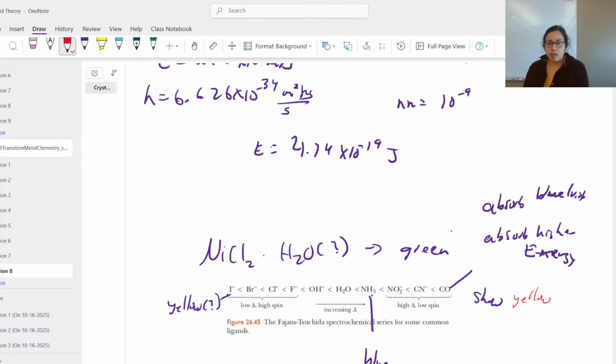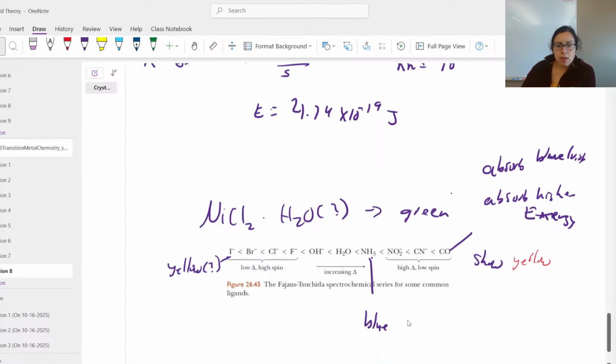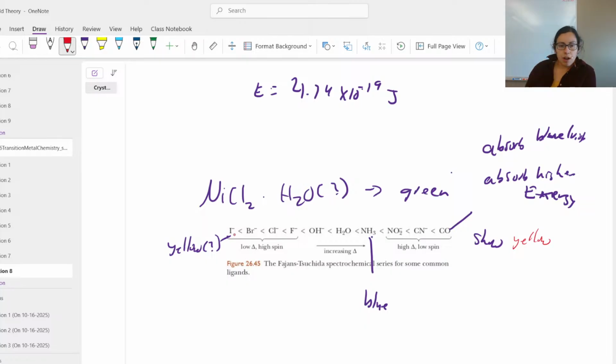But that's just a general trend, and then we would expect our low energy to be kind of violet as it absorbs the low energy, but I don't know why that wasn't quite working out.